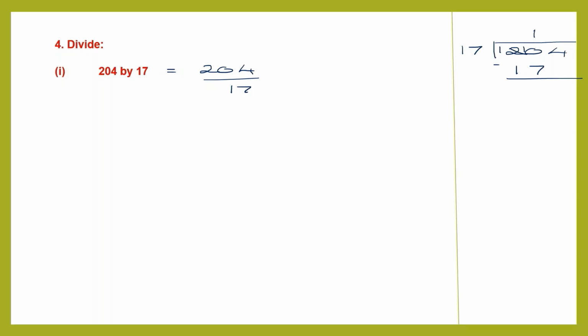So 10 minus 7 is 3. This is 0 here. You bring down the next number, it's 34. Now 17 into 2 is 34. So now we have our quotient. Our quotient is 12. So this is our final answer, 12, which is a positive number.